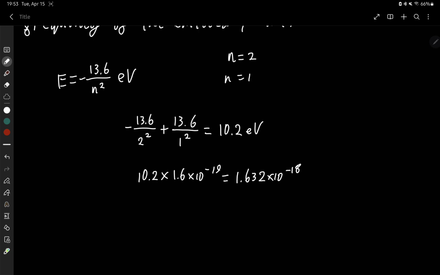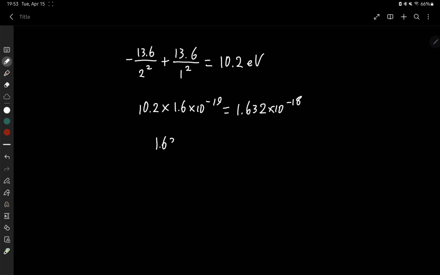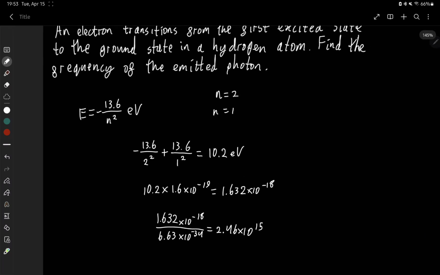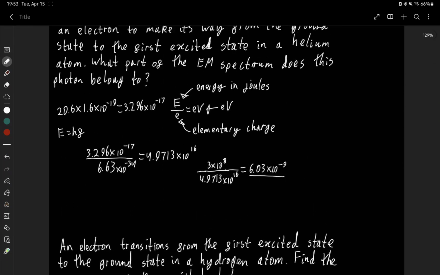Then, same formula, E equals hf, you rearrange and get 1.632 times 10 to the negative 18 over 6.63 times 10 to the negative 34, which is 2.46 times 10 to the 15. That is the frequency of the emitted photon. Again, if you had to find a wavelength, you just do speed of light over frequency. But that's all you need for these two questions.